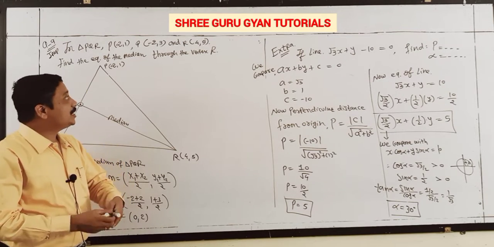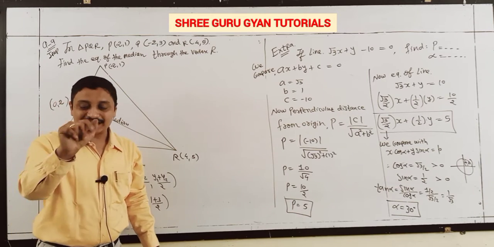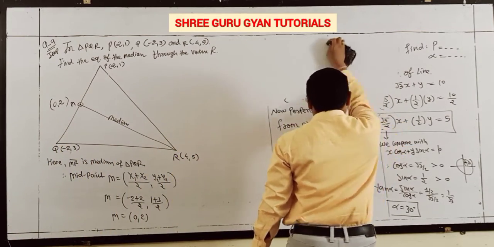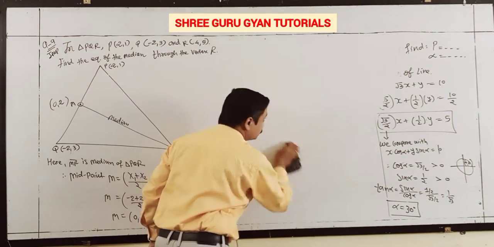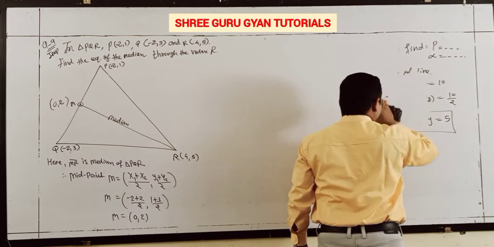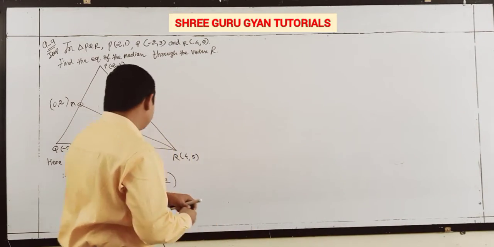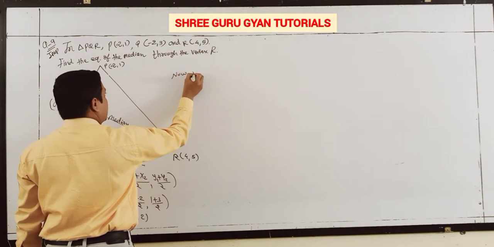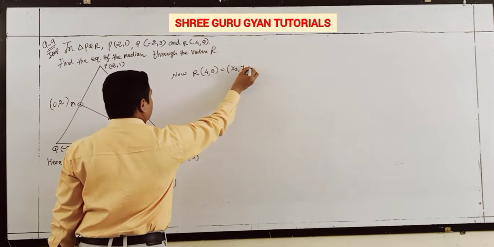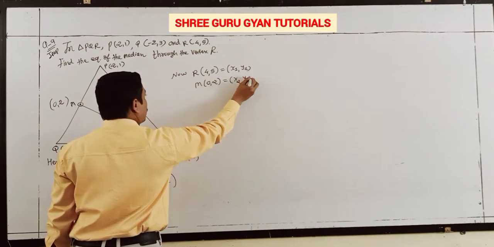Now I want the equation of the median through R. It means R and M, two points. I know that. Now apply the formula, the two-point equation. And the formula is known to you, students. So respectively, you attach your values one by one. Now R I take as (4, 5), which is x1, y1, and M is (0, 2), which is x2, y2.